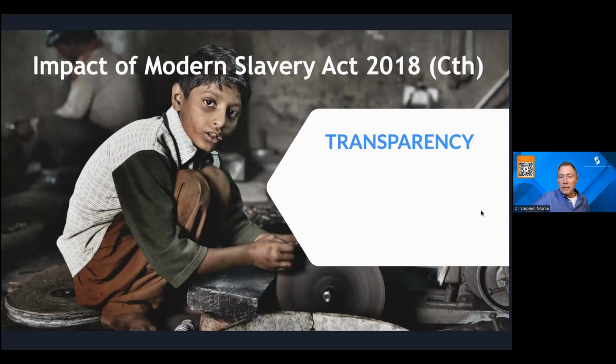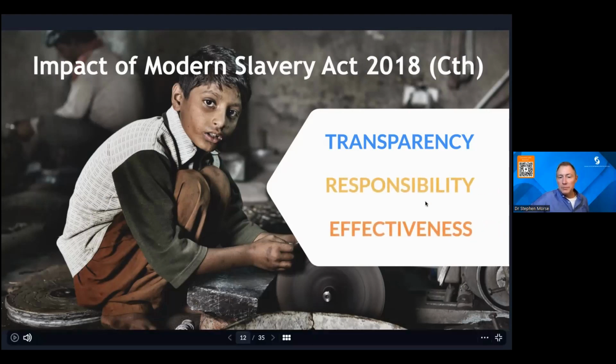Once we've identified risk, we also then need to take responsibility for that risk.